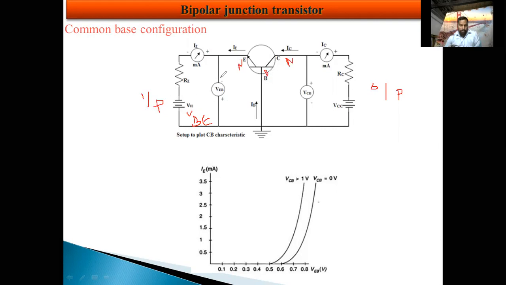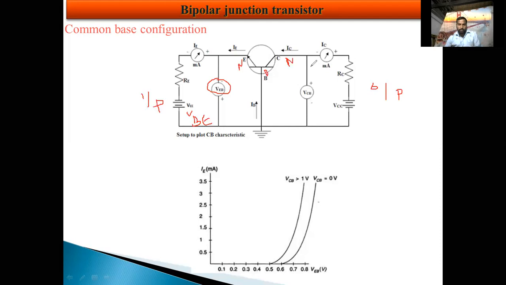Now we have to measure this voltage across the input, that is VEB or VBE. And another one, VCC, is the biasing voltage. Its positive terminal is connected to the collector region through the ammeter, which indicates the reverse bias.